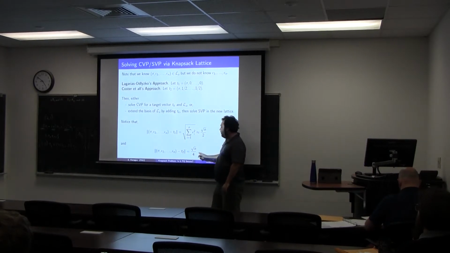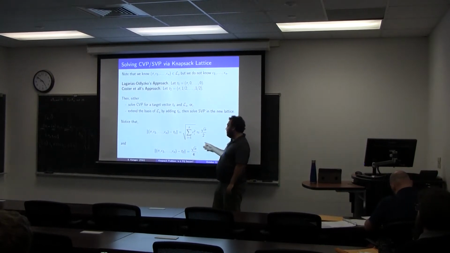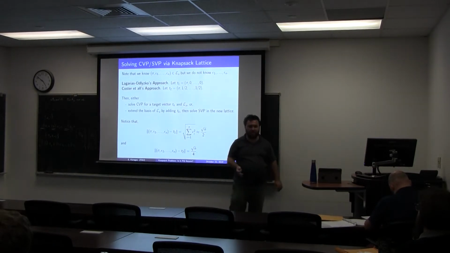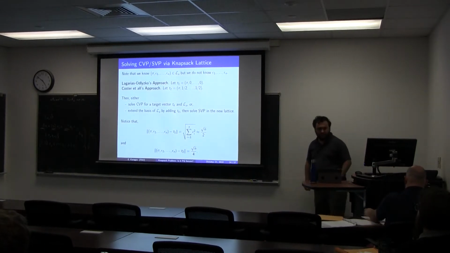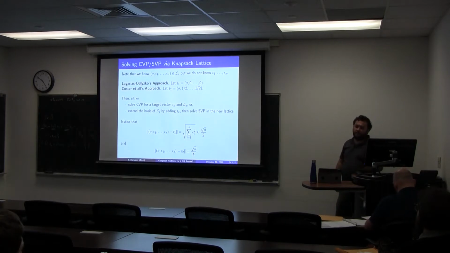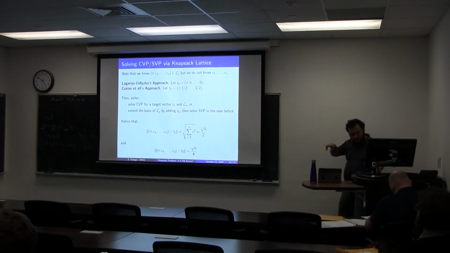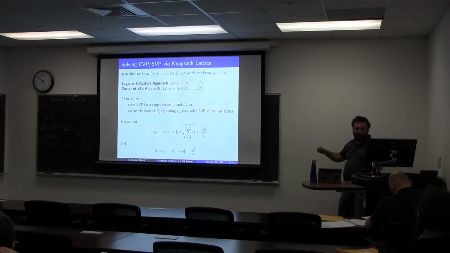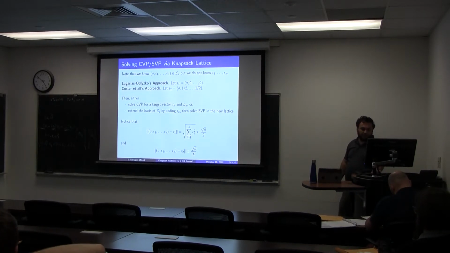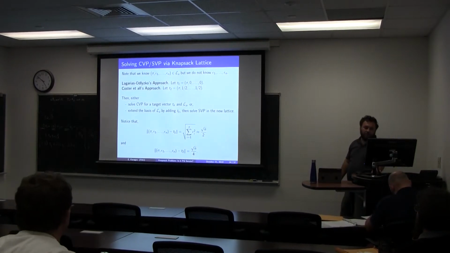For T2, it is square root of n over 4. And these two numbers are small. So if you perform a CVP oracle with those target vectors, you expect to get the solution, which is actually 0, epsilon 1, epsilon 2, epsilon 3, epsilon 4, or epsilon i minus 1/2 for T2. And it gives you the solution.